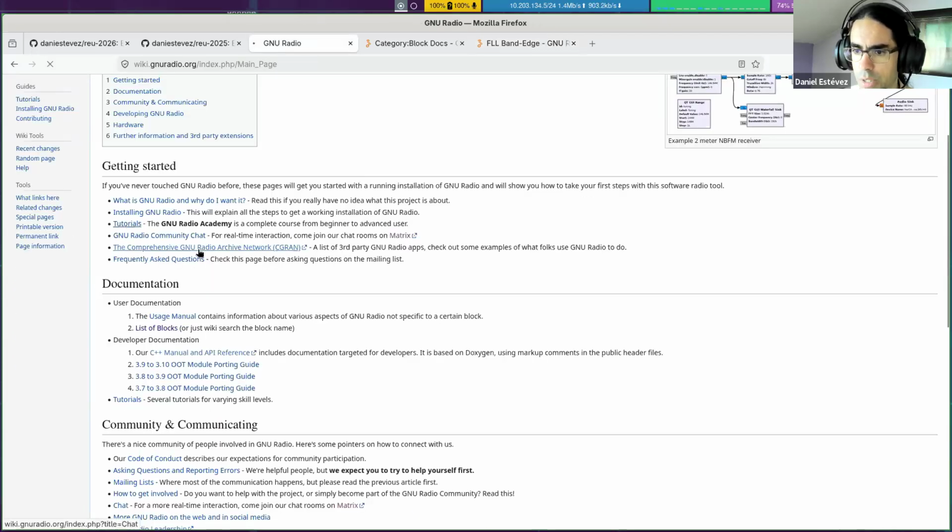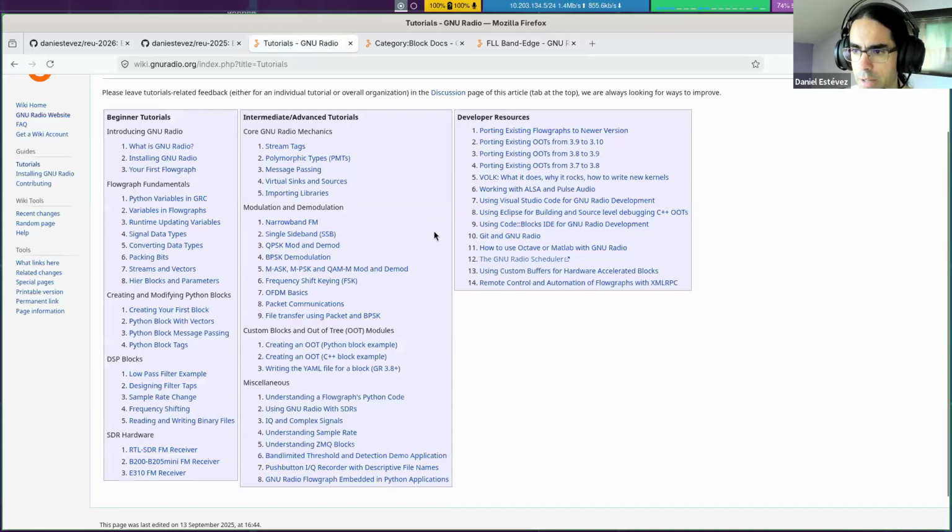The other one is the tutorials. You can go in here, and they are categorized by difficulty and by topic. So if you are a beginner, you start here, and you can work your way through the different things which are in GNU Radio. And yeah, these are very useful. They go from essentially nothing to building completely functional radio receivers and transmitters.